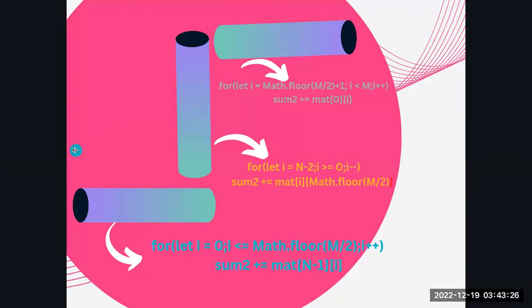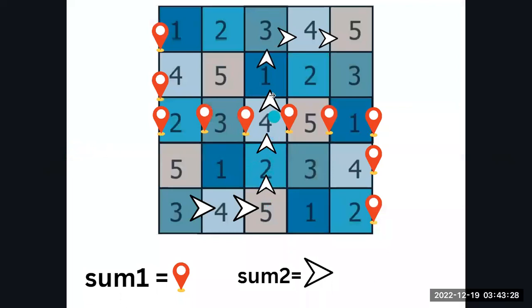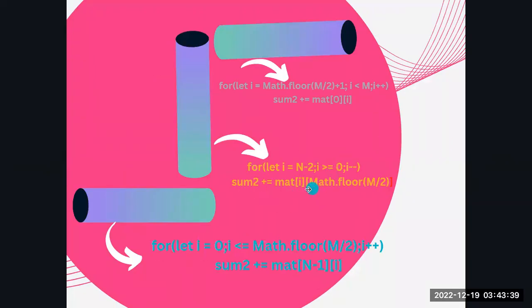And what do we have to do? When we traverse, what values change? Row values change. So I takes the place of the value of row.